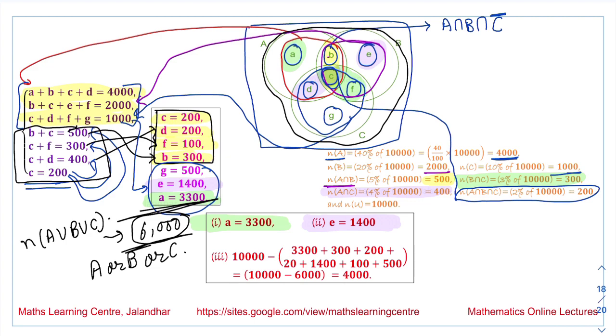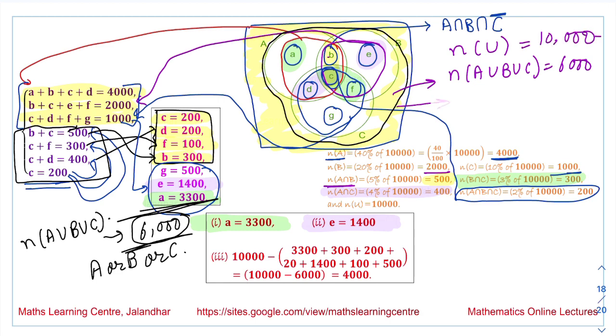Now we want to calculate the number of persons who do not buy any of these newspapers. It means we are interested in the complement of this union over here. The number of elements in A union B union C is equal to 6000. The number of elements in the universal set, the total number of families surveyed, is 10,000.